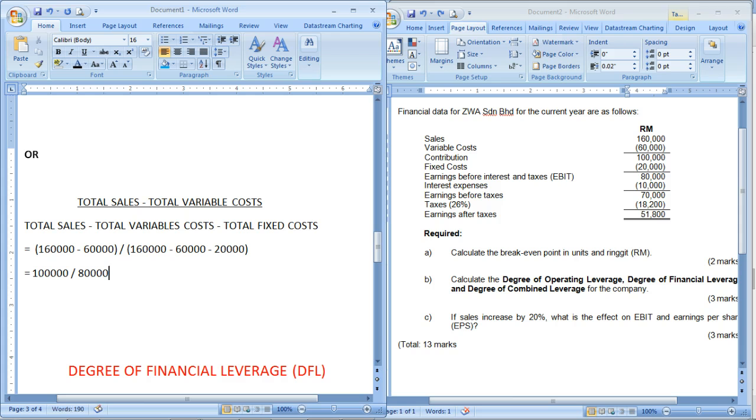So 100,000 divided by 80,000 gives you 1.25.